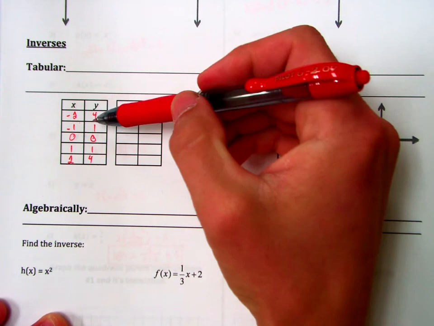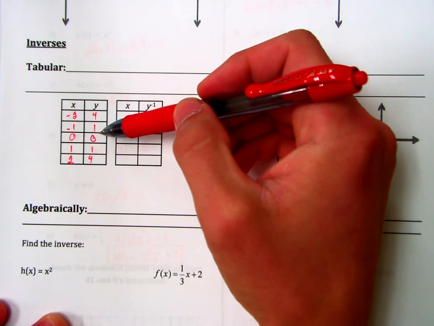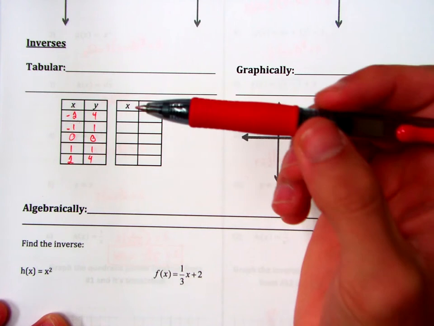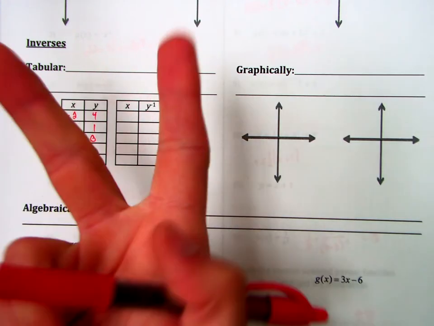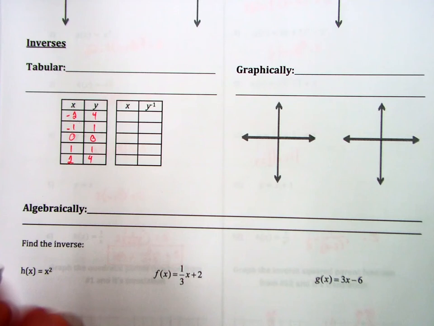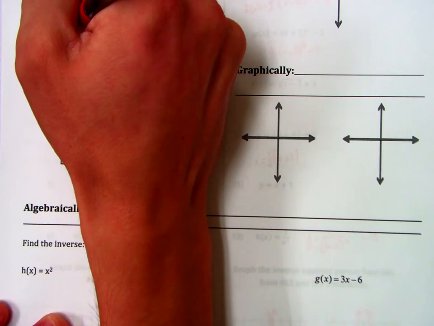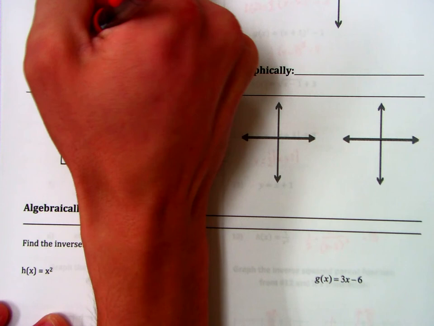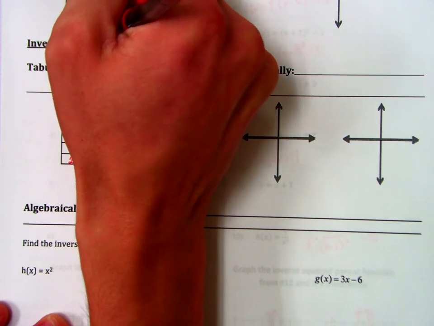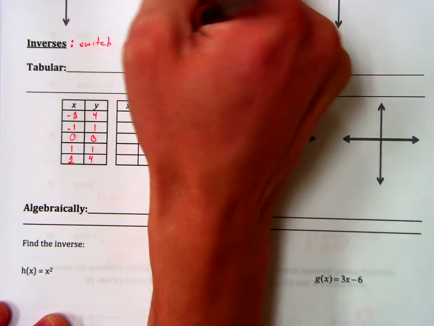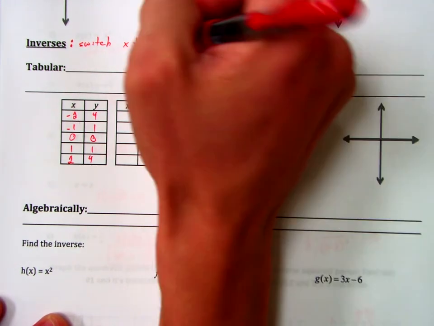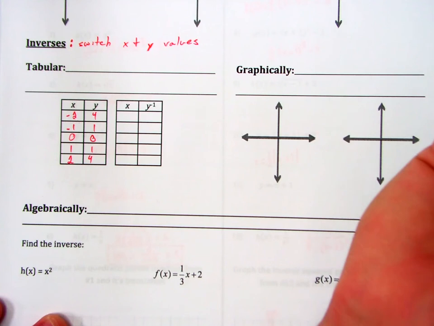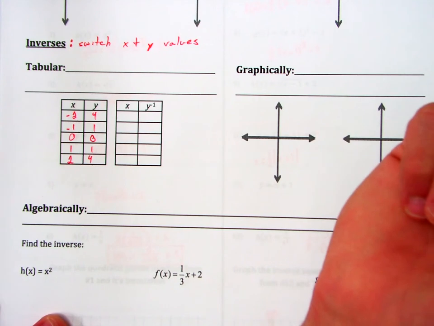For a table, if you're given a table and you're asked to find the inverse, or if you're given individual points and you're asked to find the inverse, then you're just switching the x and the y value. So generally speaking, for inverses, I'm just going to say switch x and y value. Switch your domain and your range. And that's pretty well what you're doing on every single thing concerning an inverse.